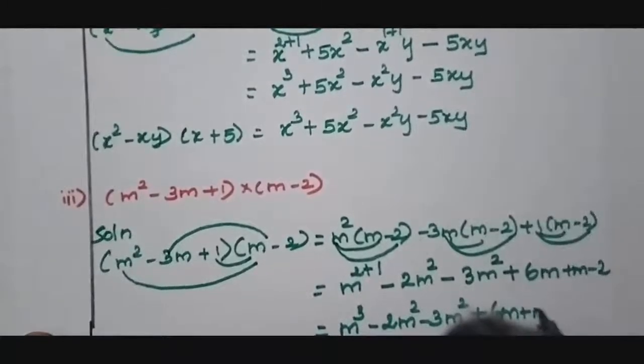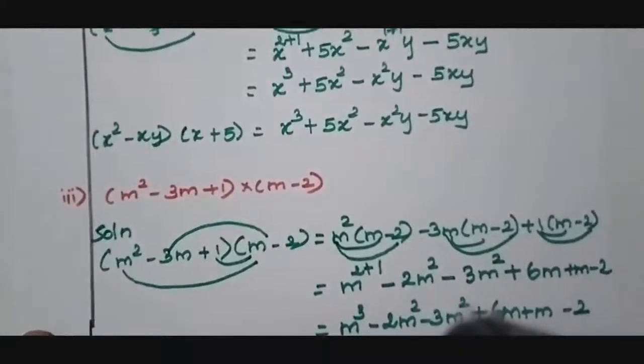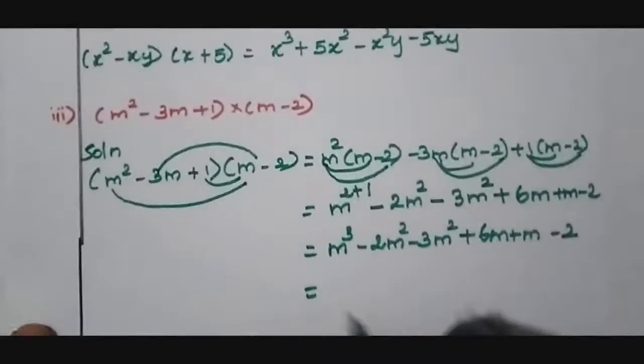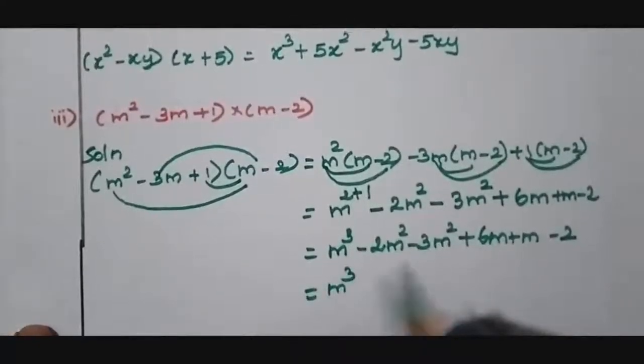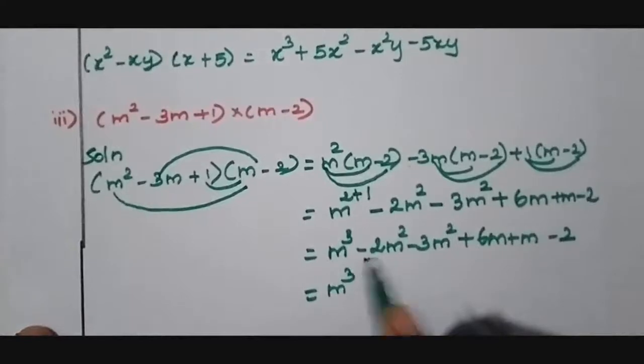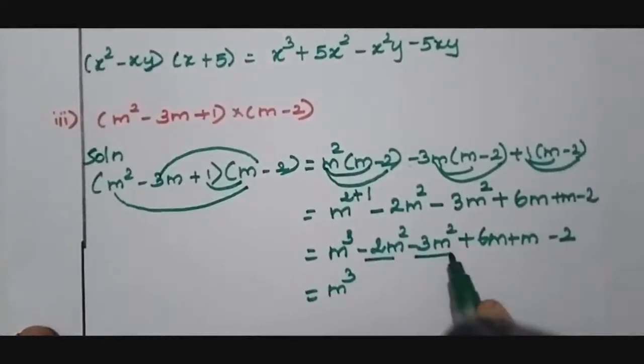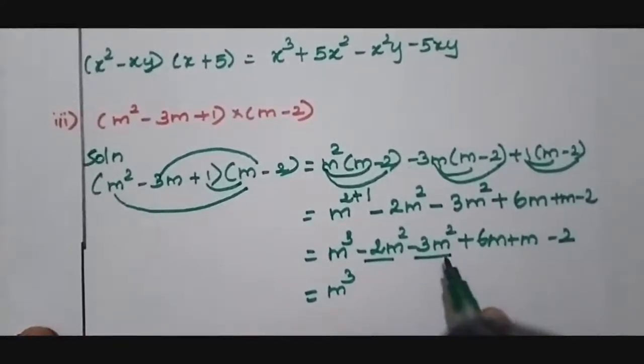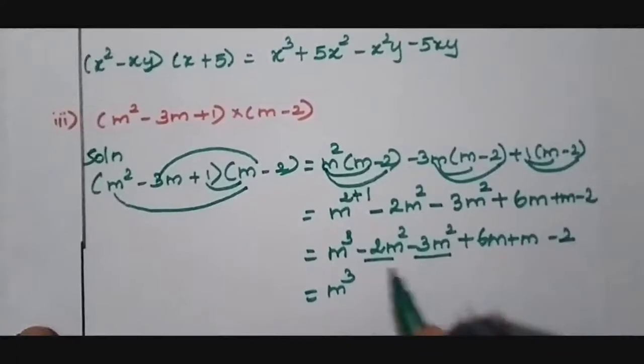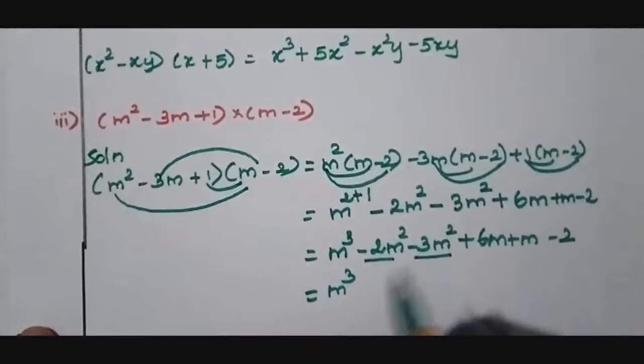Now there is only one m cube here, so you can write this one as such. This is minus 2m square and this is minus 3m square. When it is in the same sign, you can add the numbers and write the same sign. 2 plus 3 is 5. Here this is minus, so you can write it as minus 5m square.